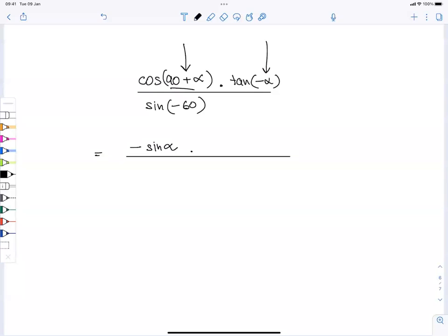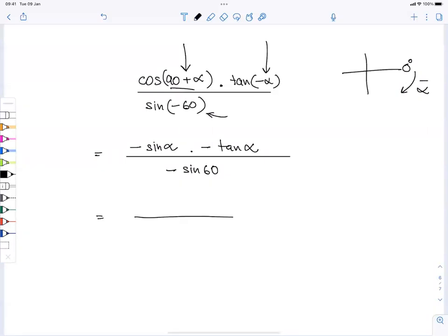I'd say the 1 or 3. Nope. The same as saying 0 degrees minus alpha. Fourth. So that's negative tan alpha. Yeah. Then what quadrant is minus 60? Also 4. Yeah. So that's negative sin 60.